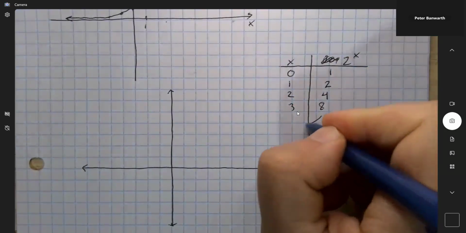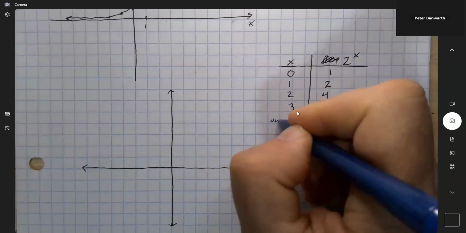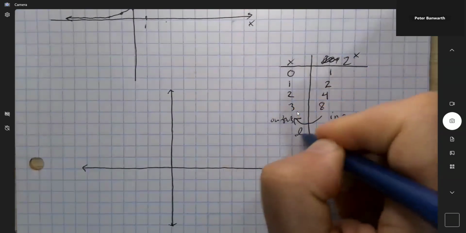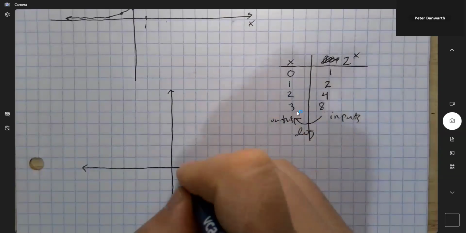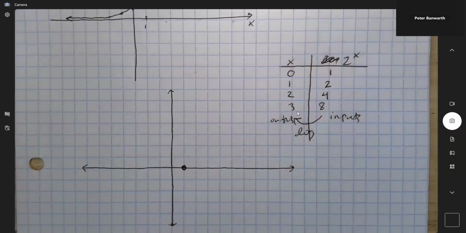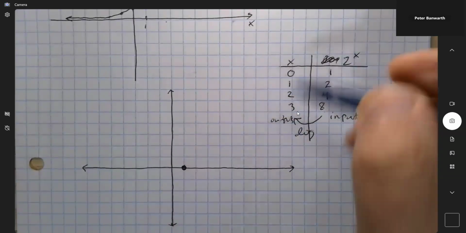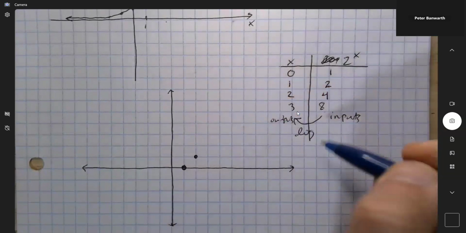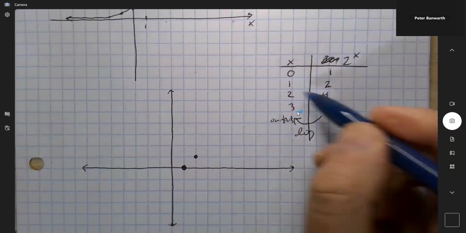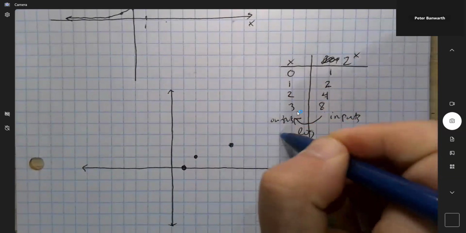If I'm working with my logarithm, these become my inputs and these become my outputs. So my input of 1 gives me an output of 0. I have that point right there. If the input is 2, the output is 1. If the input is 4, the output is 2. If the input is 8, the output is 3.